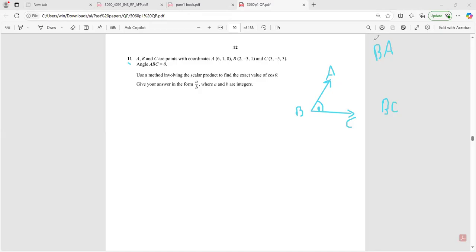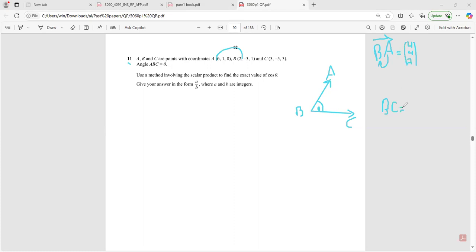Okay, and if we need to get BA, we make the second minus the first. So A minus B: 6 minus 2, which is equal to 4. 1 minus negative 3, which is equal to 4. And 8 minus 1, which is equal to 7. And this will be the BA vector.